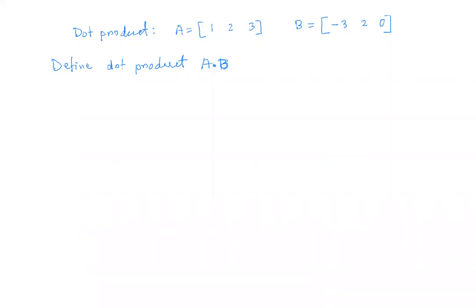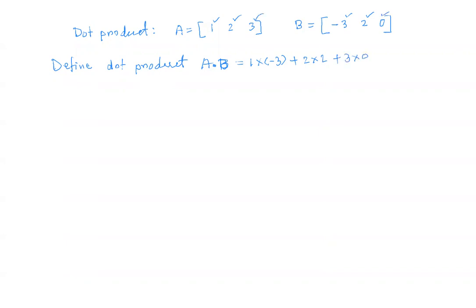It is 1 times -3 plus 2 times 2 plus 3 times 0. That means multiply the corresponding elements and add the results.